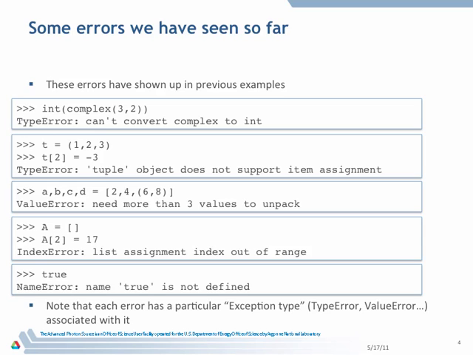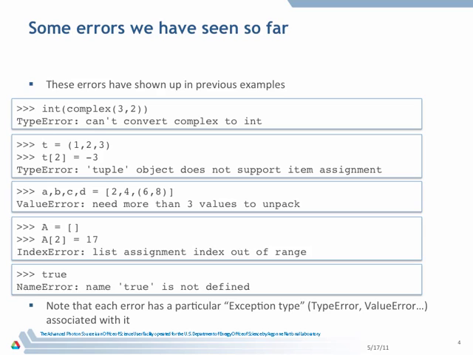When we tried to make an assignment to an undefined element in a list, we got an index error. When we tried to work with a constant that didn't correspond to anything, we get a name error. So each of these types of errors has some category that it falls under. And these errors all turn out to be subcategories within what we'll call exception. So this is an exception type.